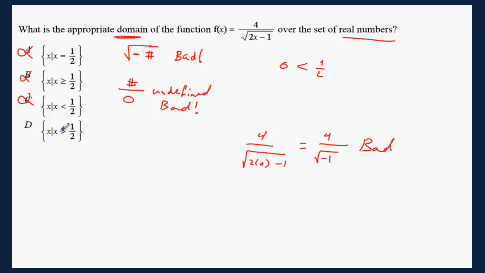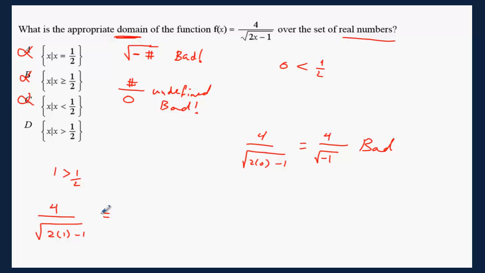Choice D, x is greater than 1/2. We know 1/2 does not work, so pick any number that is greater than 1/2, such as 1. Alright, 1 is greater than 1 over 2. Let's substitute this here. That's going to be 4 over square root of 2 times 1 minus 1, and see if this one gets us a number or not.